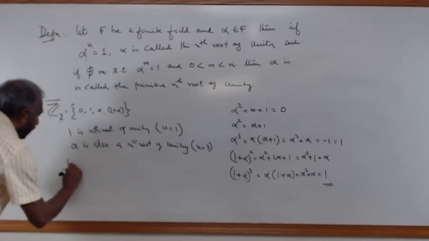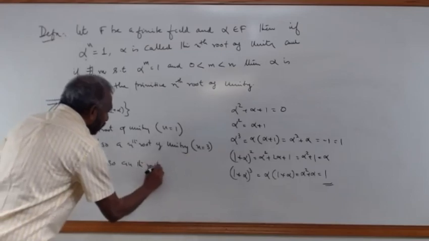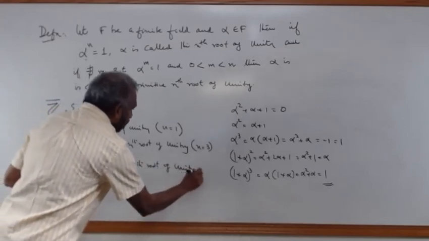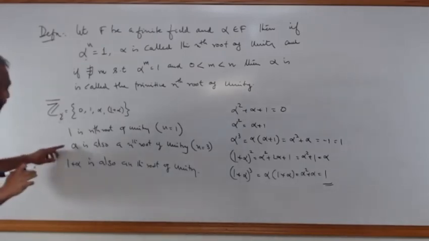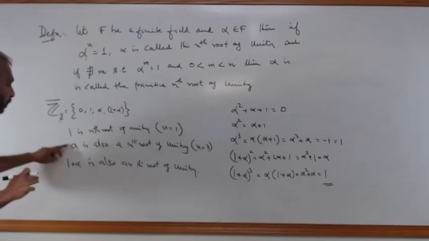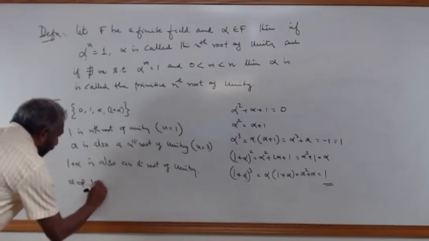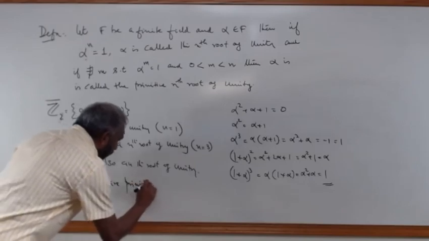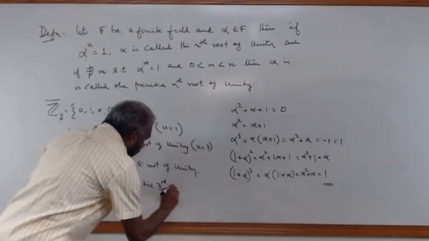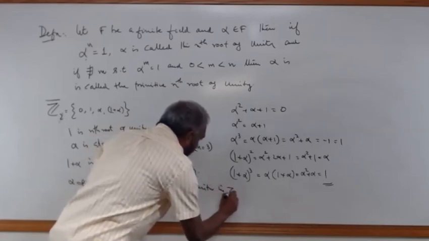So 1 plus alpha is also an nth root of unity. So alpha and 1 plus alpha are primitive third roots of unity in Z2 bar.